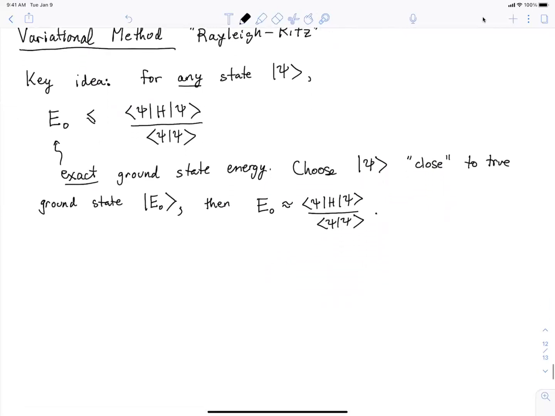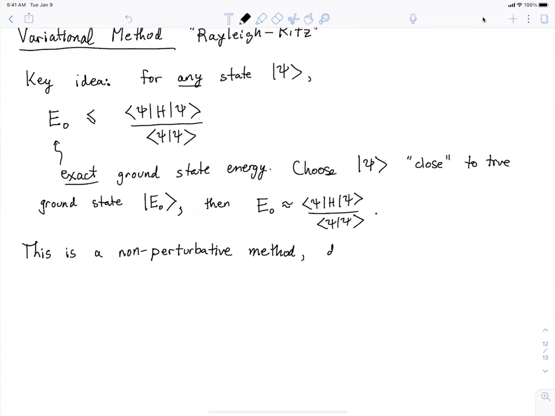All right, so this method is a non-perturbative method. That's the great thing about it. You don't have to worry about things converging or not, because we're not going to do an expansion this time. That's what we mean when we say it's a non-perturbative method.